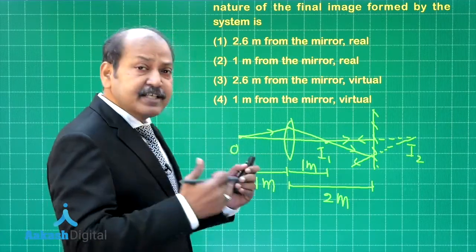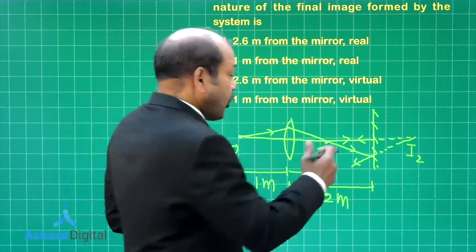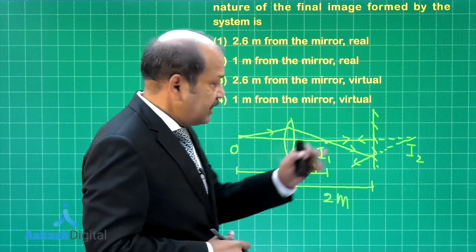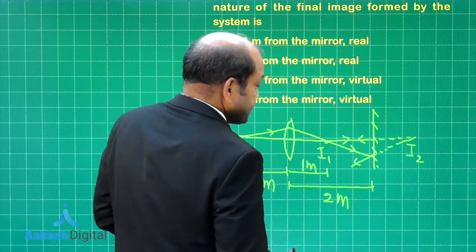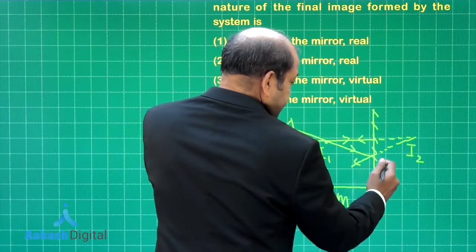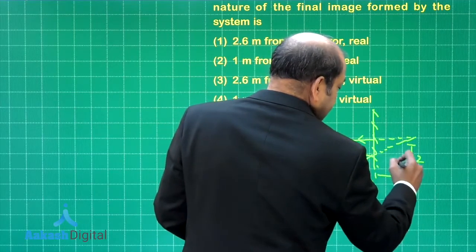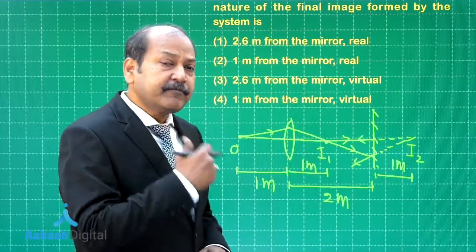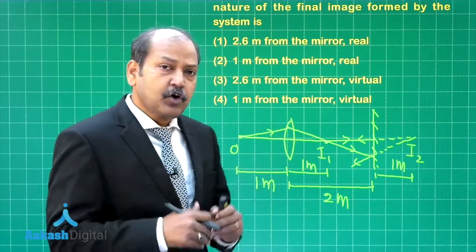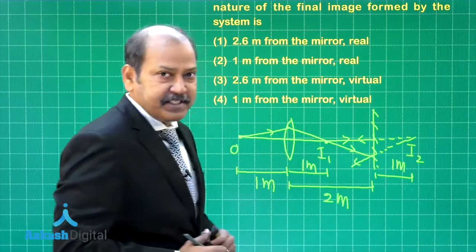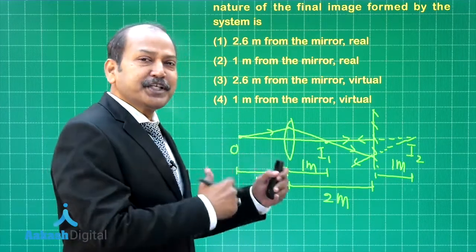What is the distance now of the object? So, for the second refraction through the lens, the object distance becomes this distance. Now, since this is 1 meter, this is 1 meter, so this is also 1 meter, and which means for the second refraction through the lens, the object distance can be taken as 2 plus 1 or 3 meter.